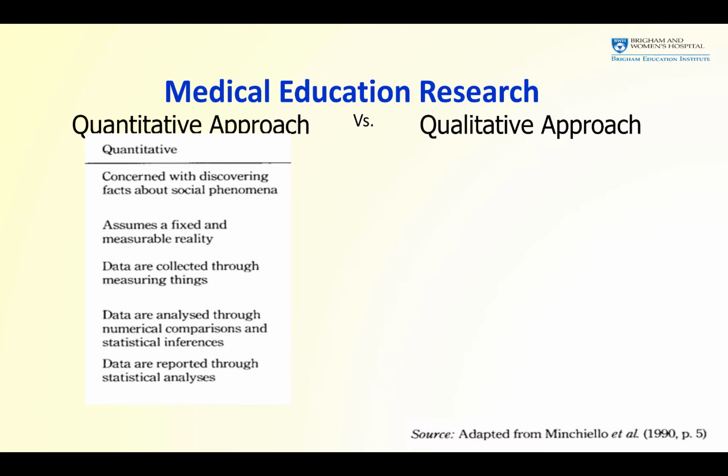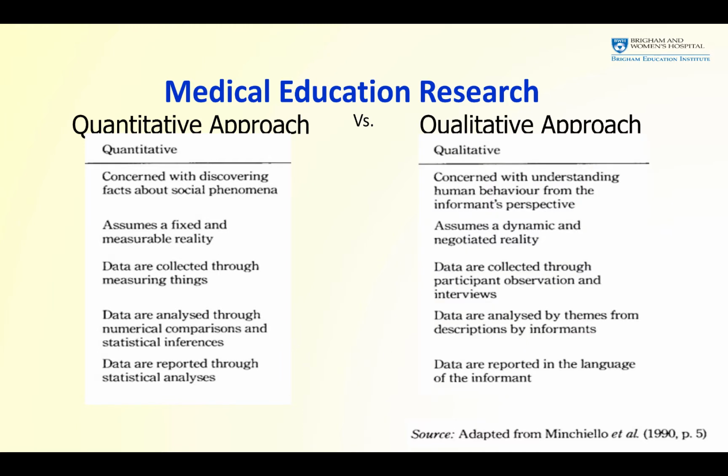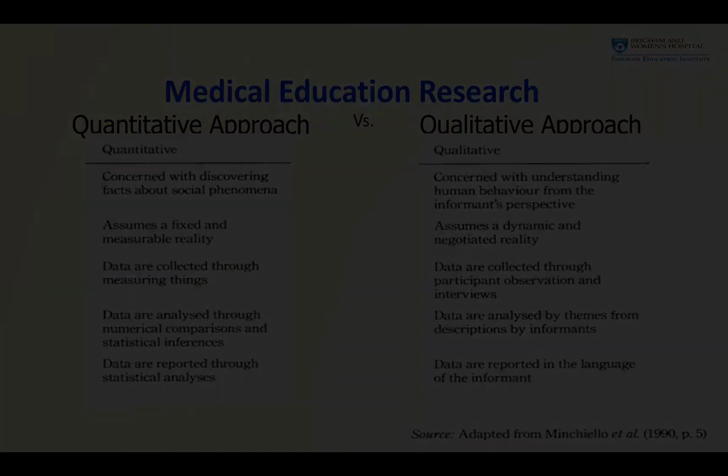The qualitative approach is different. We're going to be concerned with understanding human behavior from the informant's perspective. We're going to assume a dynamic and negotiated reality. And the data are collected really through participant observation and through interviews. They're analyzed by themes or descriptions. The data are reported in the language of the informant. So really different approaches.